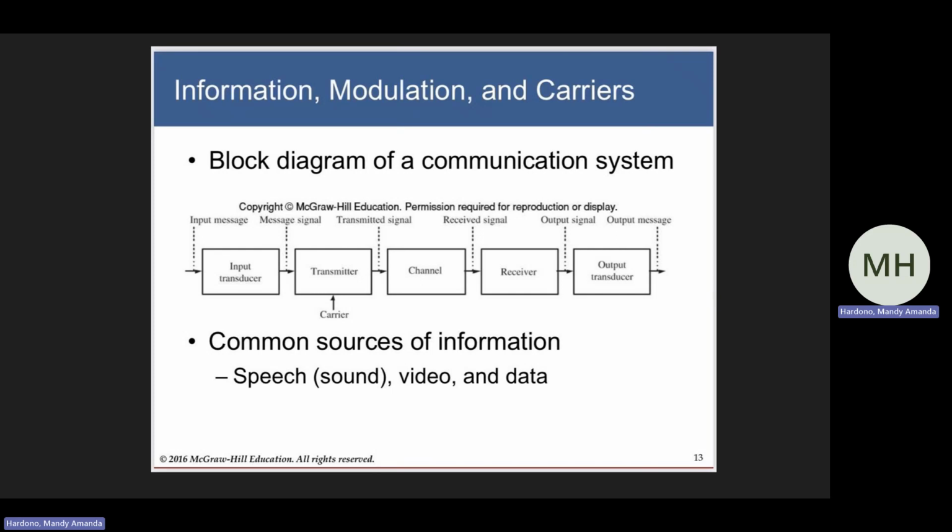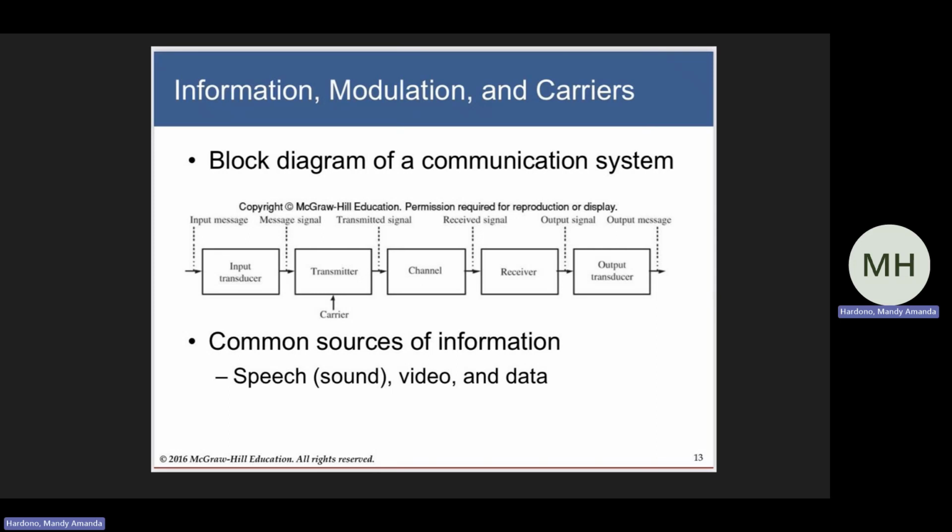The input transducer, for example a microphone or a camera, converts the input message, as you see in this block diagram, to a message signal, which then goes into the transmitter. The input message could be anything like speech, video, or any other type of data. When the transmitter has the message signal, it will encode the message and may attach a carrier if you're trying to do some wireless communication.